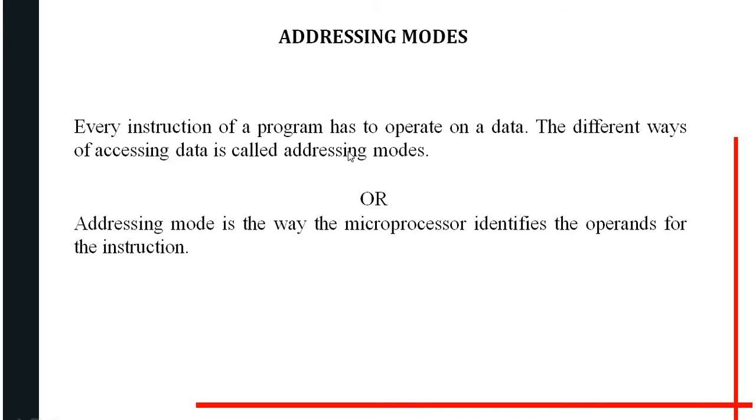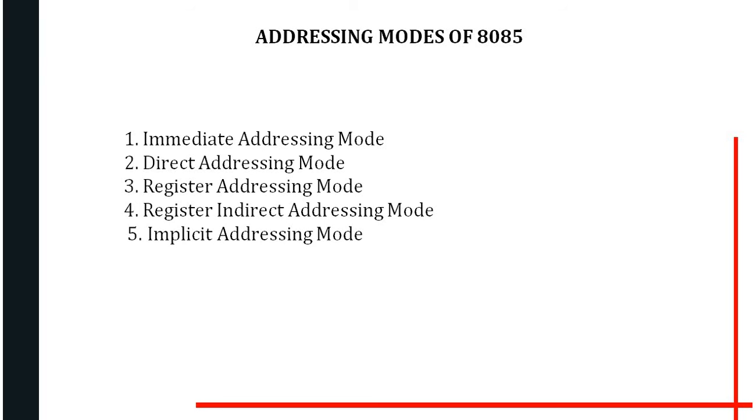Addressing mode is the way the microprocessor identifies the operands for the instruction. The operands are the inputs, which may come from a register, memory or an input device. This is called the addressing modes.